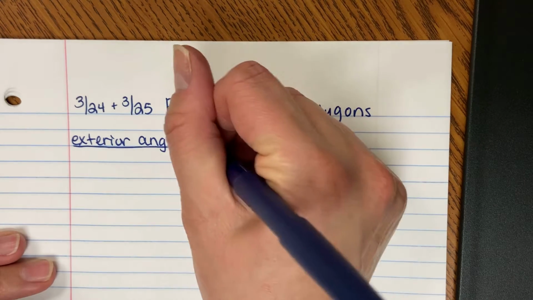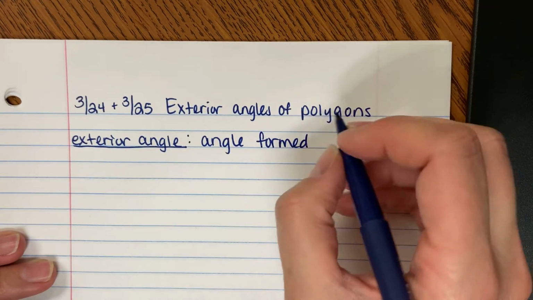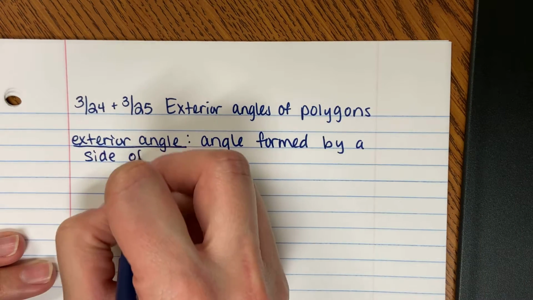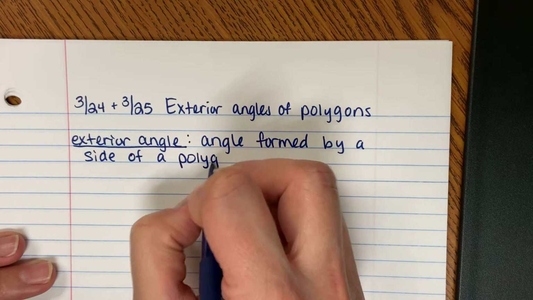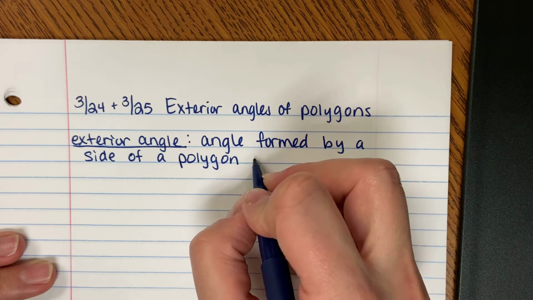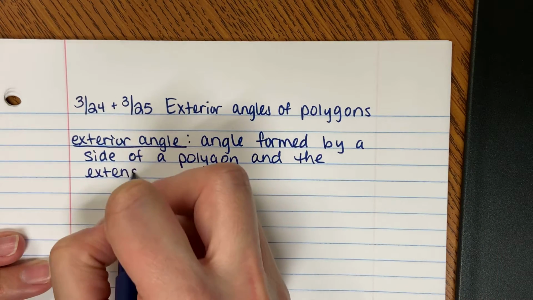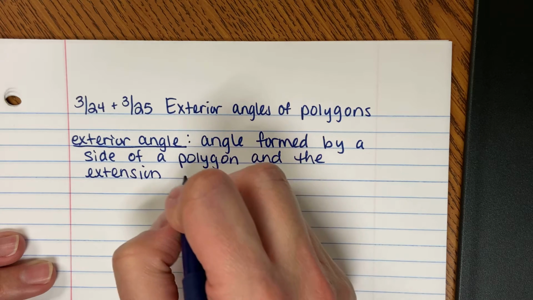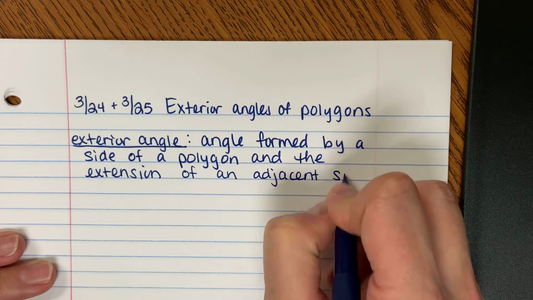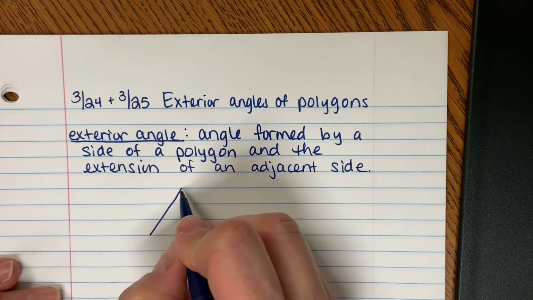So an exterior angle is an angle formed by a side of a polygon and the extension of an adjacent side. All right, so I'm gonna draw a picture here so you can just kind of see what I mean.